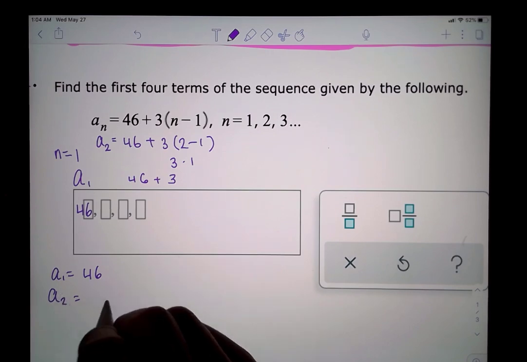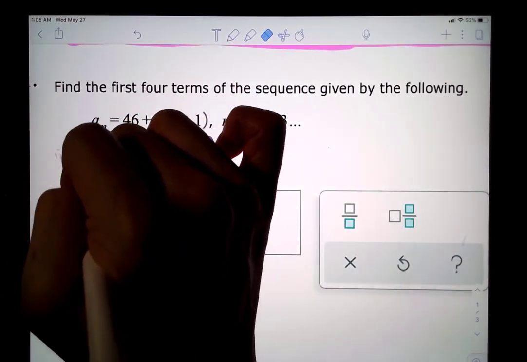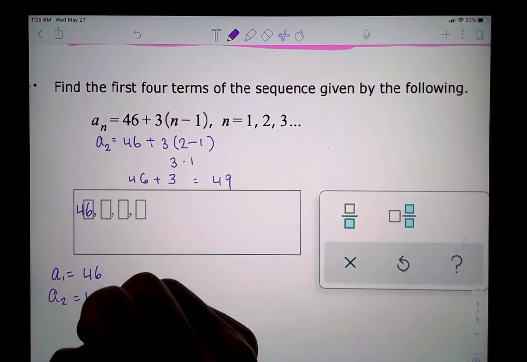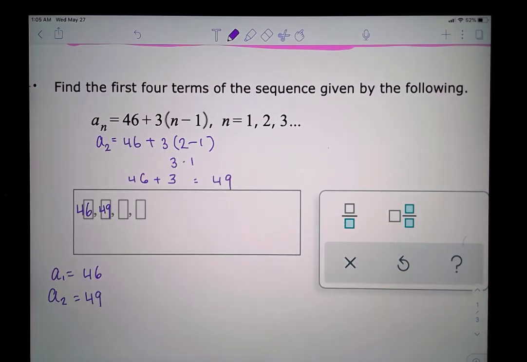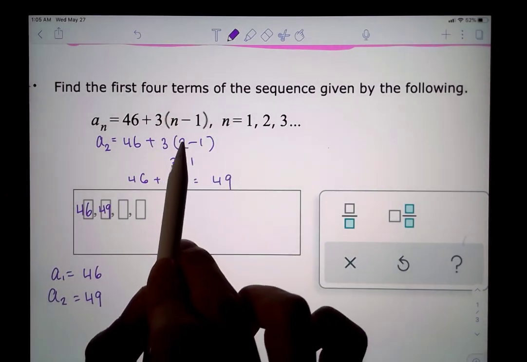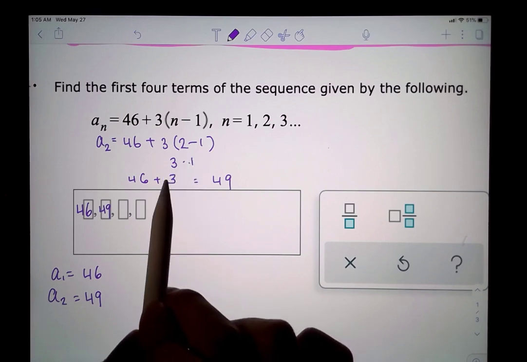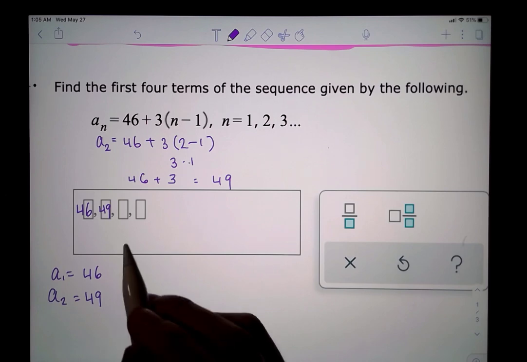So it will be 49. So it looks like an arithmetic sequence, right? Because you don't see any power, and if I put 3 here, then that will turn to 2, then you will be adding 6. So it looks like you keep adding 3, right?